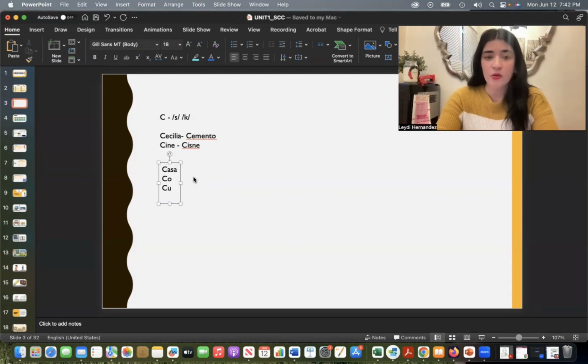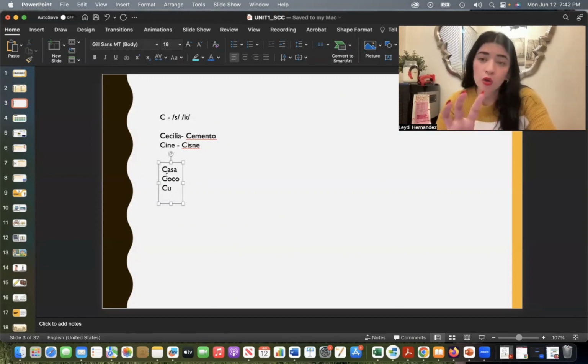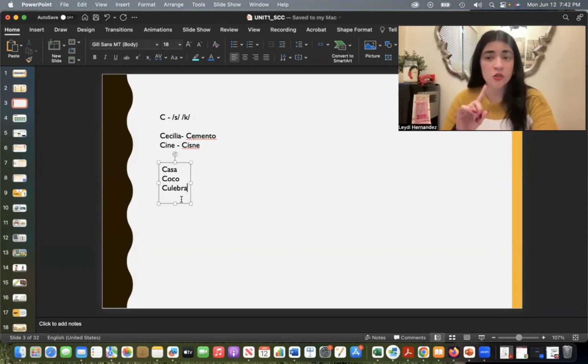This is house. Coco. It's not the S sound, it's coco, because the O is a strong vowel. Or culebra, snake. It's culebra, with a K sound.